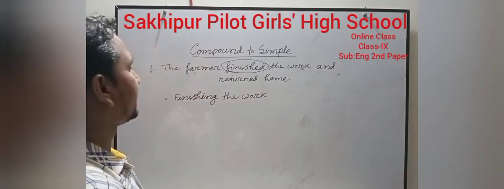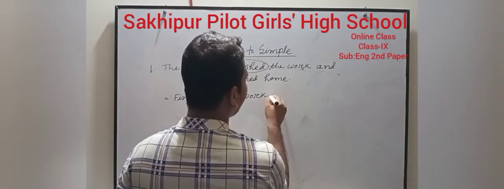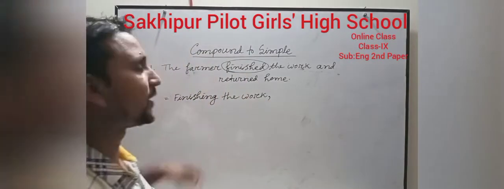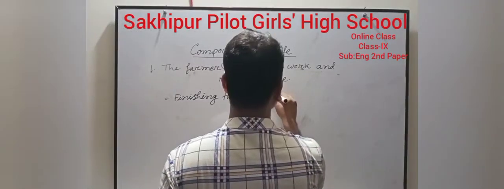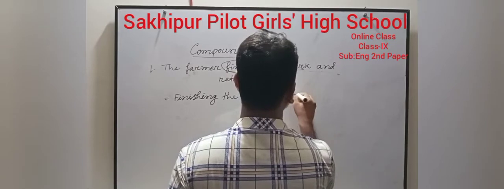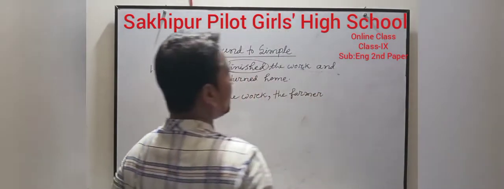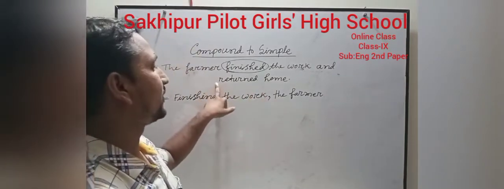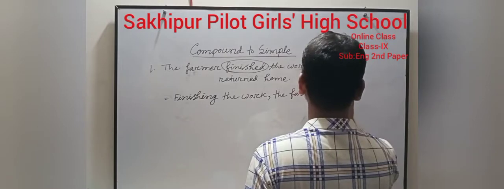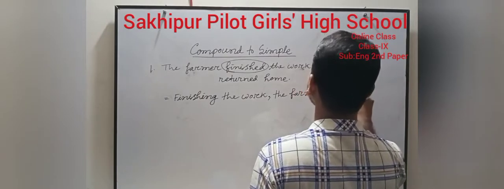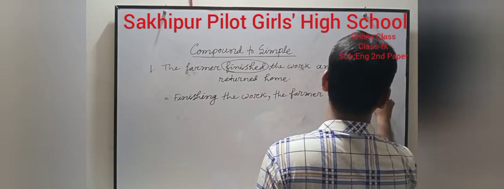That means finishing the work. You have to use a comma instead of and. Then you have to write the subject of the first clause, the farmer. Then you have to write after the and from the beginning to last: returned home.